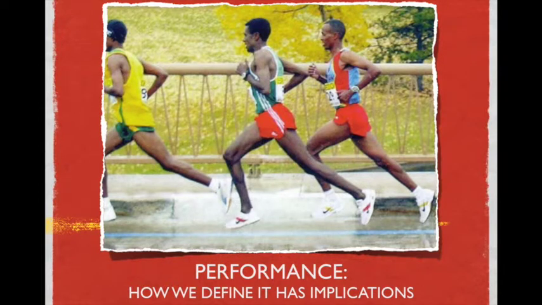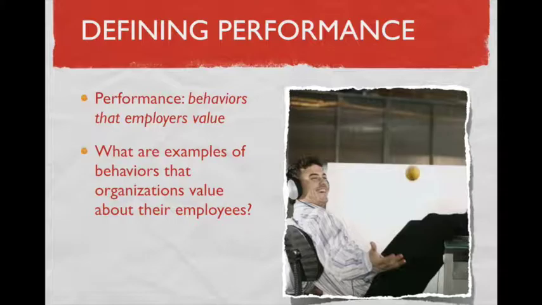If we define it as the slowest or the middle, if we define it as a conglomeration of races, right? As an organization, we compile things from all kinds of different places. If we think about race number 1, race number 2, race number 3, race number 4, and we average those things together, how we define performance here has implications. It's important to be very clear about what we're actually defining.